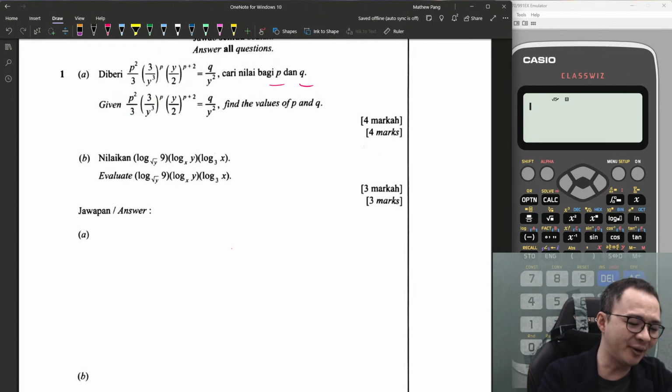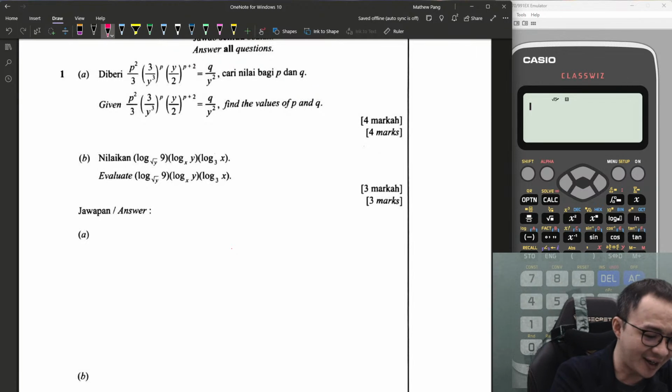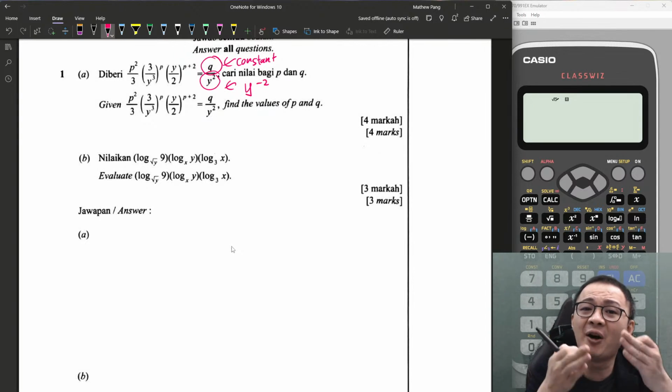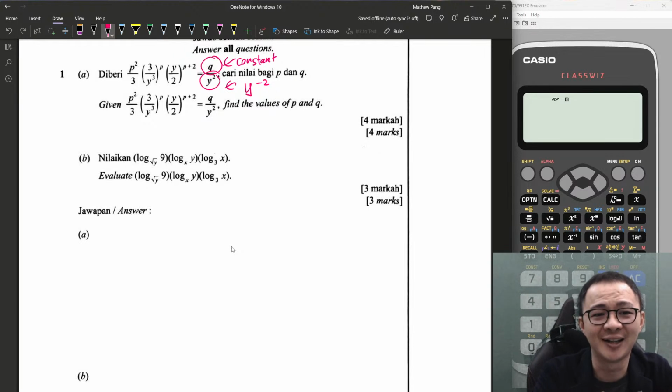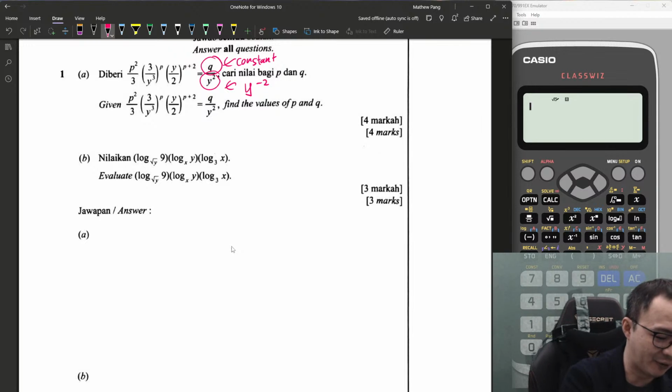When I say comparing method, what I see here is that on my right hand side, I only have Y and a constant. I assume P and Q are constants, and this is my Y. Over here, my Y is power -2, because Y power of 2 at the denominator basically means Y power -2. Now I want to group everything on my left hand side.